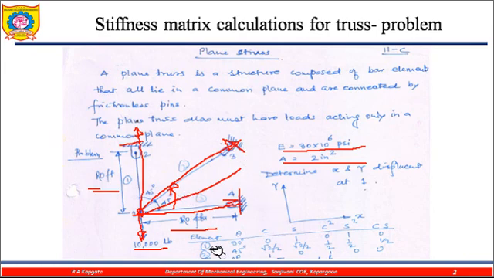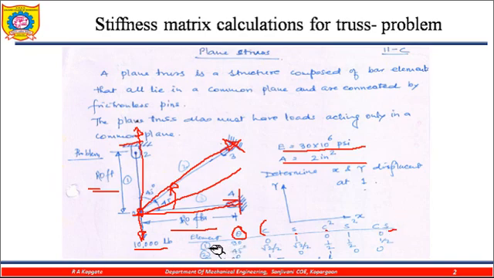So here we have taken the angle theta, then this one is the cos value, this is the sine value, cos square value, sine square value, and cos and sine theta value.